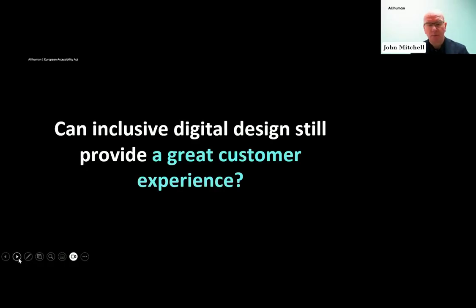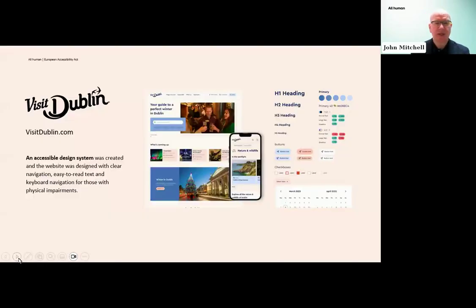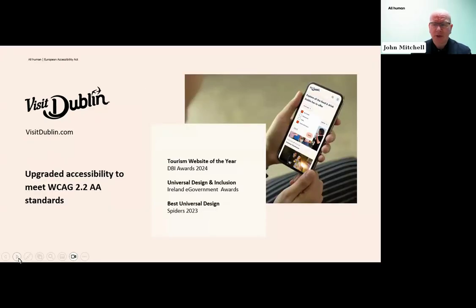So maybe by way of example, we might show you some quick examples just to contextualize it. Visit Dublin, a site that we worked on over a recent period, naturally needs to be very visually engaging because it's selling a product proposition. In this instance, if you'd like to go on to the next slide, as Zonia alluded to in the design category, a very structured design system has allowed the site to pick up some very relevant awards, which include Best Universal Design at the Universal Design and Inclusion Awards late last year.